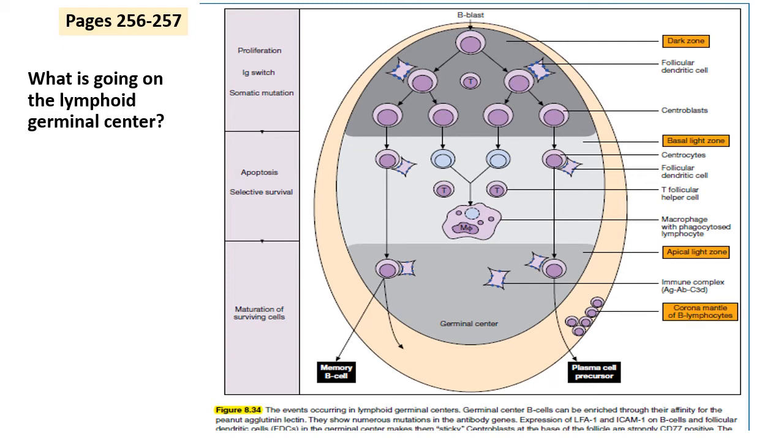First, after migration to the light zone, the B cell then returns to the dark zone for multiple rounds of proliferation and maturation. During B cell division in the dark zone, somatic hypermutation of the immunoglobulin genes might occur. Also, B cells undergo immunoglobulin class switching in this region.